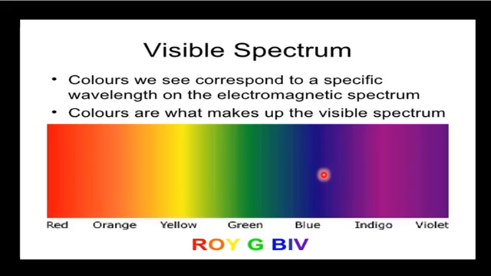And when we pass white light through a prism, the white light splits up into 7 colors at different angles, and these 7 colors make the visible spectrum. The 7 colors are red, orange, yellow, green, blue, indigo, violet.